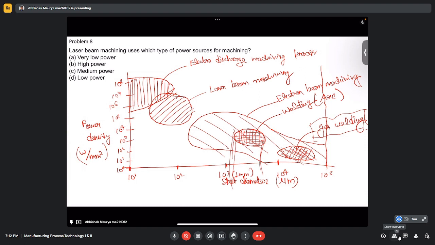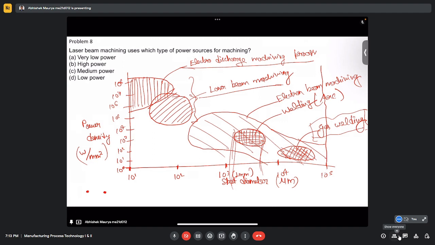But if you see these non-conventional techniques like laser beam machining and electro discharge machining, here we have the flexibility to get a very small spot diameter as well as very high density. Therefore, these techniques can be used for machining materials which are very hard to machine by other methods.